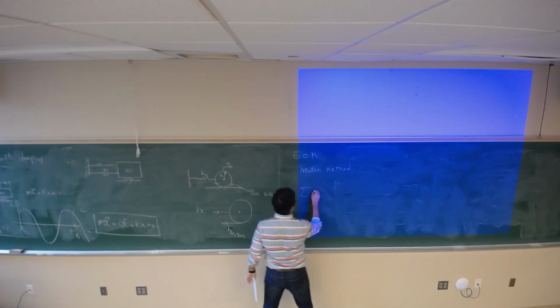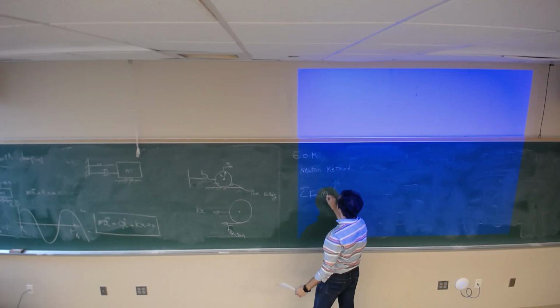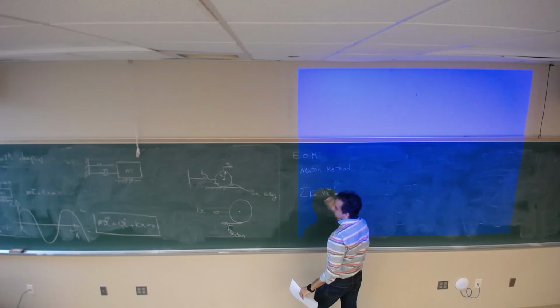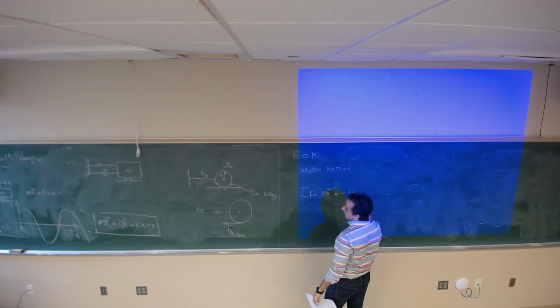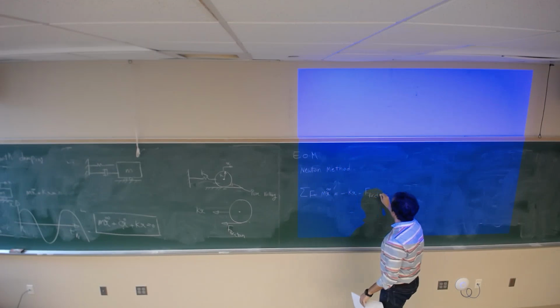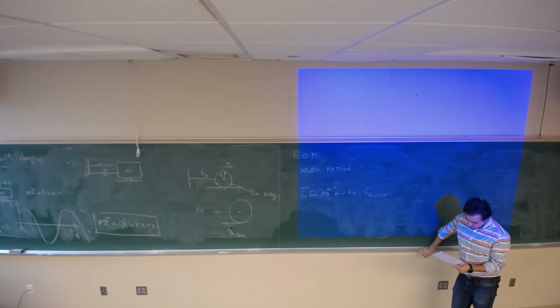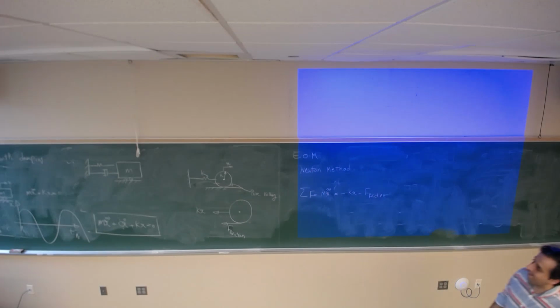Summation of the force would be m acceleration, m x double dot, is gonna be negative kx, negative F of friction. Good?